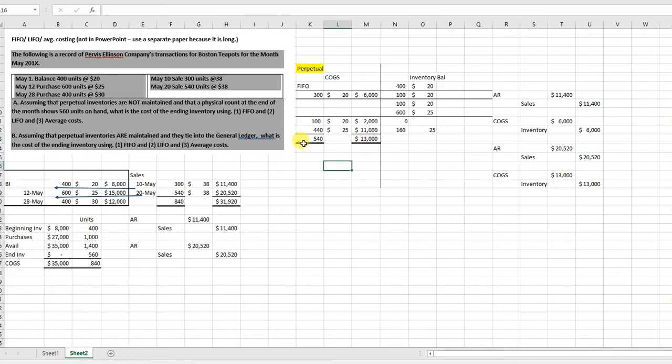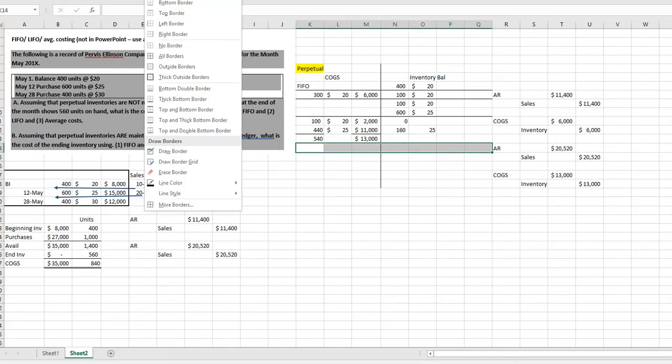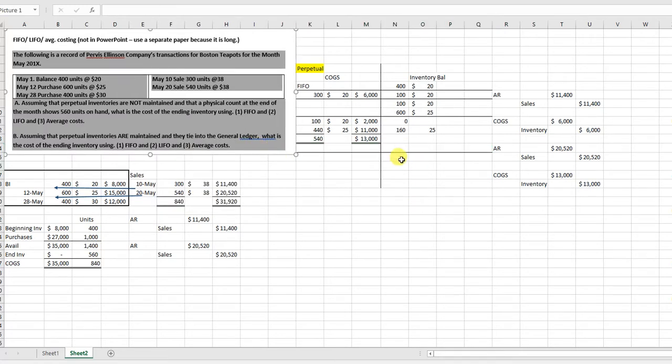So now I'm going to draw another line. And I have 160 at 25, and then I purchased an additional 400 at 30. So the question is, what is my total cost of goods sold and my total inventory?